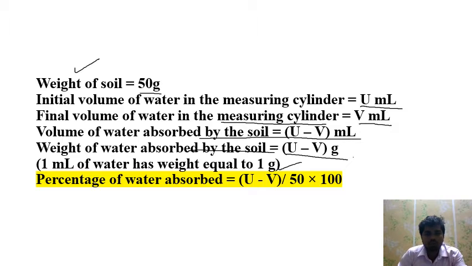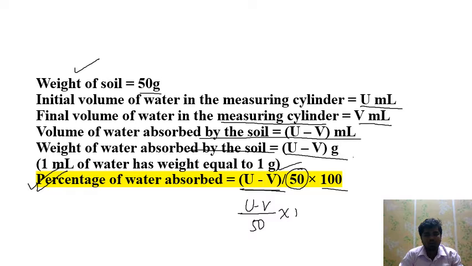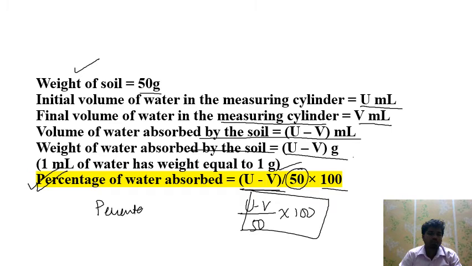So the percentage of water absorbed, this is the absorption capacity, is U minus V divided by the mass of the soil, into 100. That is U minus V divided by 50 into 100. Okay students, so this is the percentage of water absorbed.